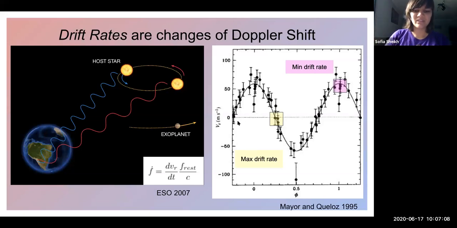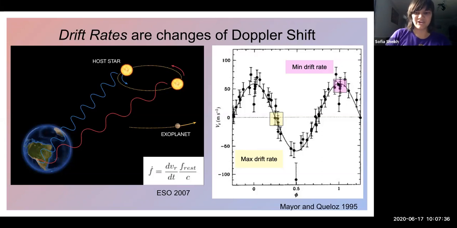So at this point in the sine curve, there's the maximum slope. So that's your maximum drift rate, the fastest change in the radial velocity. And you'll notice that that happens around 0. So if you want to think about this in the physical system again, that's when the planet is passing between you and the star, so when it's changing from going towards you to away from you.